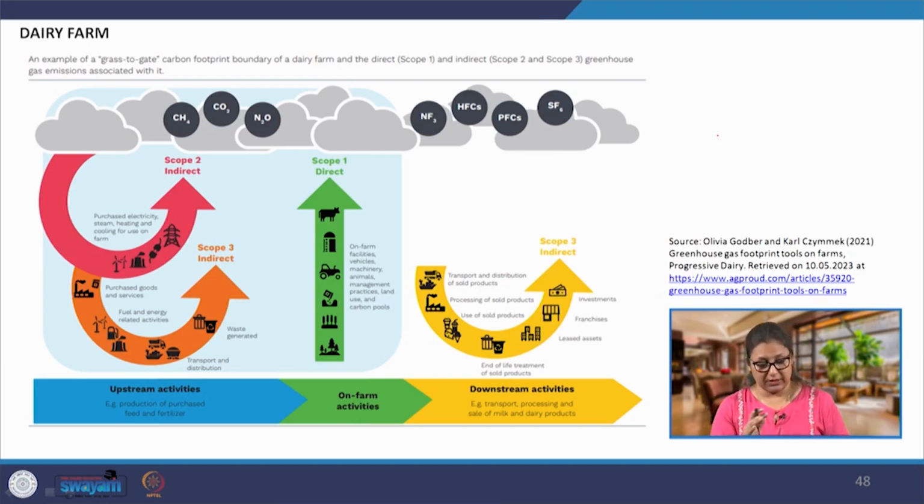But the beautiful thing in this example is that while they have identified the scopes, they have also identified the scopes in upstream, in downstream, and on the farm, during the process of this whole activity. So, looking at the direct emissions first, the scope 1 emissions first, which are resulting from the on farm activities. So, we have machineries, the emissions resulting from machinery.